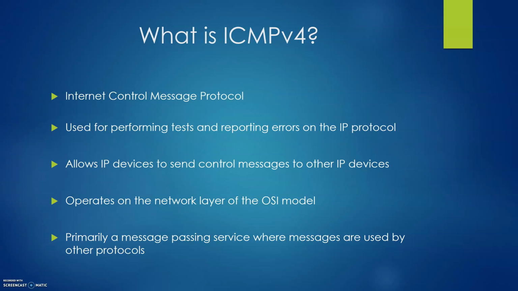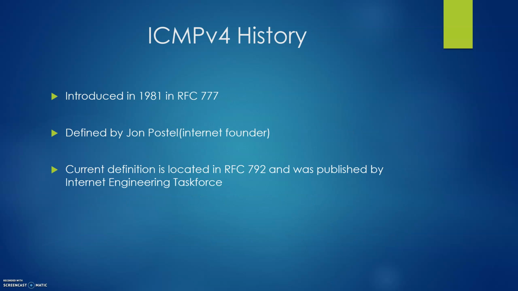Anyways, what this allows is IP devices to send control messages to other IP devices, and those control messages are used by other protocols to sort of fix problems sometimes. It operates on the network layer of the OSI model, and it's primarily a message passing service where messages are used by other protocols, like I said before.